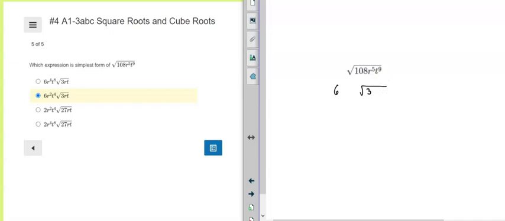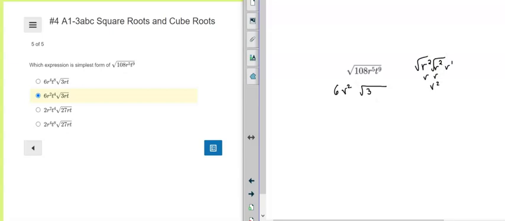Now, the r to the 5th, the way we simplify that is we're trying to take out as many perfect squares as I can out of here. R to the 5th, I can rewrite this as r squared, and r. 1, 2, 3, 4, 5, right there. Which means that I can take out 2 r's or r squared from here.